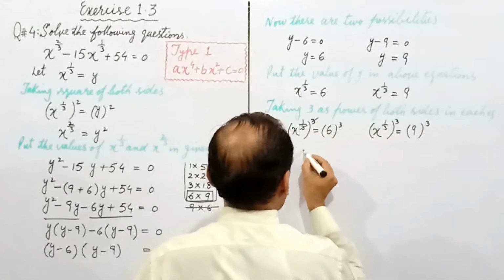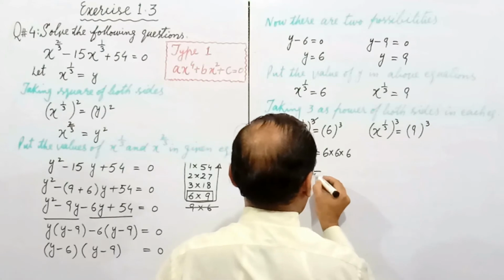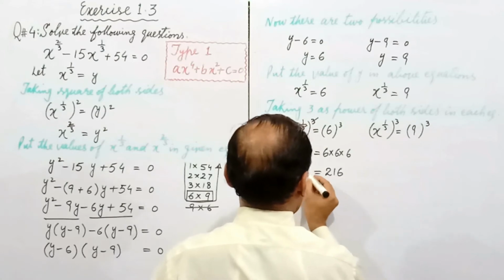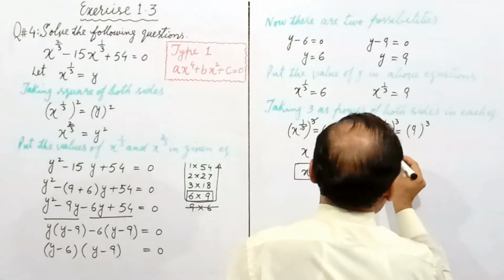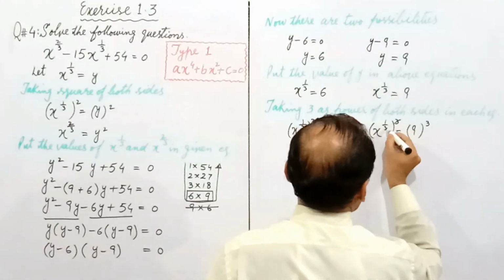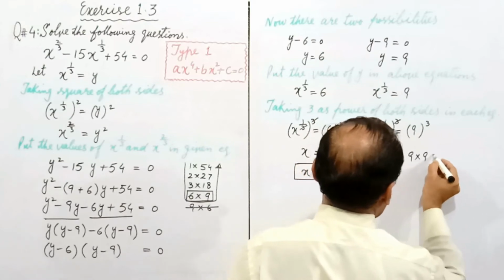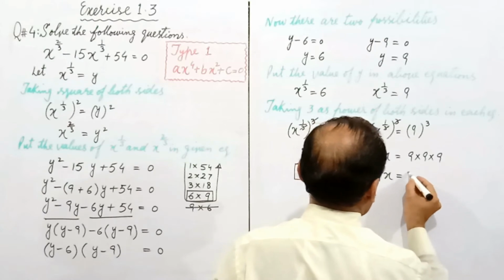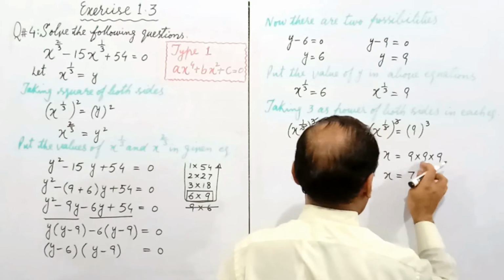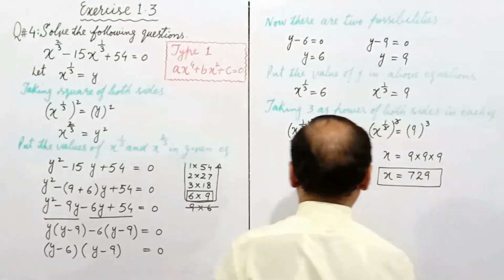3 is cancelled by 3, we have x, and 6 raised to 3 means 6 into 6 into 6, and we have 216 equal to the first root. 3 is cancelled by 3, x will be equal to 9 into 9 into 9, and the second value of x is 729, as 9 nines are 81, 9 eighty-ones are 729.